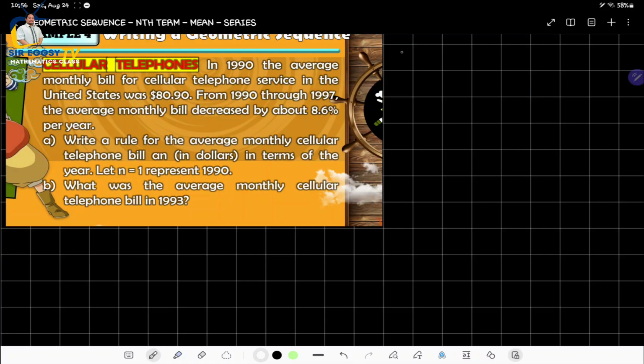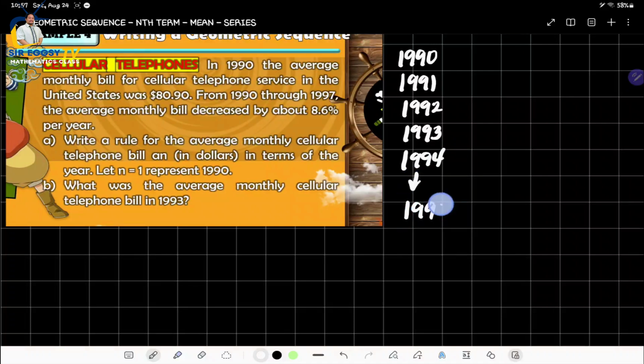Now, in this case, let's illustrate first the problem. In this problem, as we can see, there is a 1990, and that is the start of the date. And as we all know, it's from 1990 through 1997. So 1991, 1992, 1993, 1994, up to 1997.